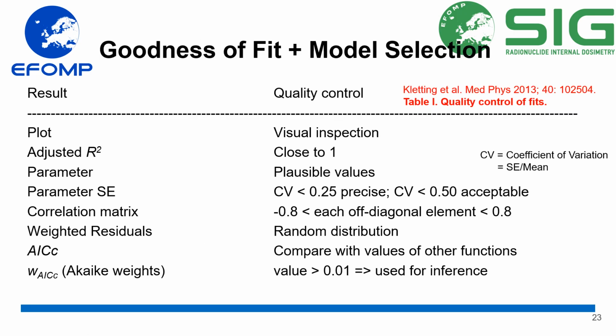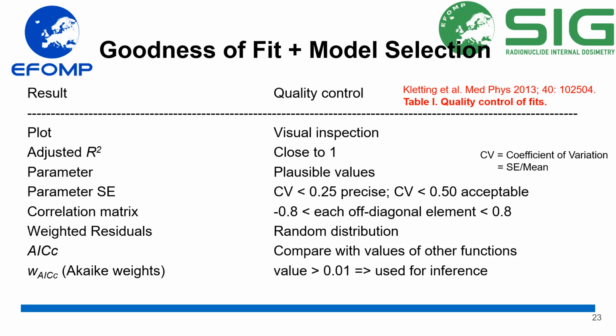This table presents quality control measures which must be performed before the AICc values are used to calculate the Akaike weights. Visual inspection of the data and the fit curve are mandatory. The adjusted R-squared value and the plausibility of the parameter values are to be checked qualitatively.